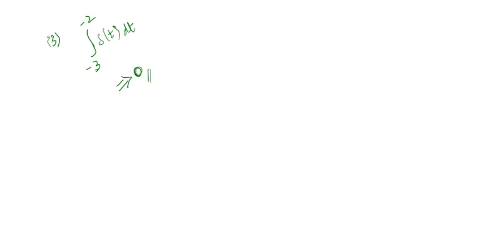Of course the area is 1, but the impulse signal is at time 0, where it goes to infinity. The limits are between minus 3 and minus 2, so it is not at all covering the impulse signal. So the answer is 0.